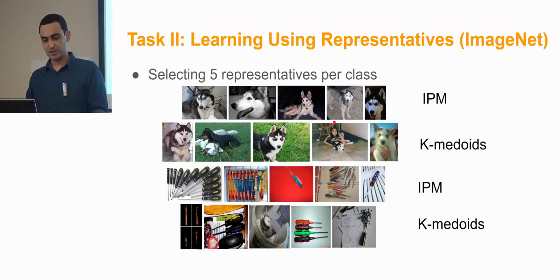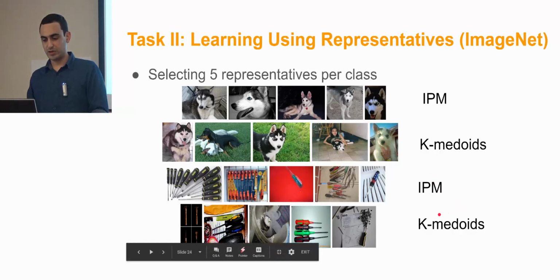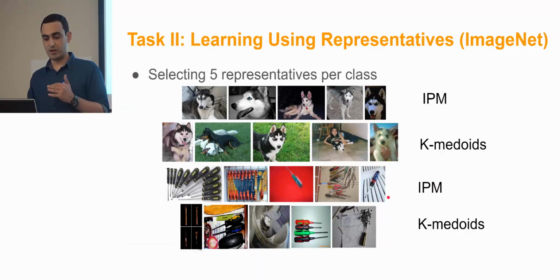Another interesting example is the class screwdriver. Again, the samples selected by k-method contain other objects, and the object of interest is less visible. But the samples selected by IPM contain only screwdrivers, and different types of screwdrivers. So if you give a classifier only these samples, they contain a lot more information about that specific class.